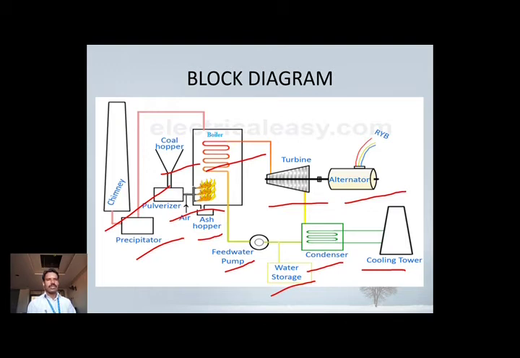The main components are the boiler, turbine, condenser, and alternator. These four are the main components; the others are highly essential components. The turbine converts thermal energy into mechanical energy. The alternator converts mechanical to electrical energy. Steam generally has high pressure as well as high temperature. The condenser converts the steam into water with the help of the cooling tower.